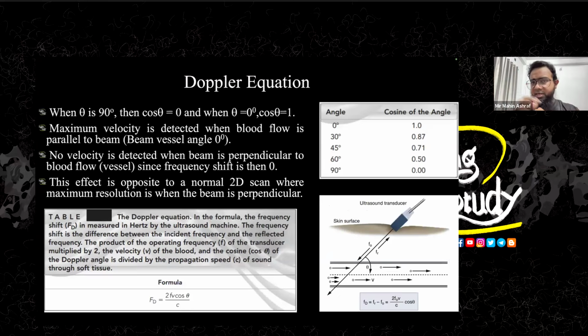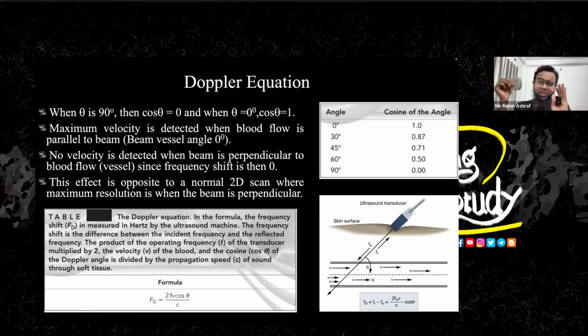So there is a cos theta. We know that if theta is 0, the cos has the highest value, and if it is 90, the cos will be 0. So if the blood vessel is parallel to your sound beam, making a 0-degree angle, the result will be the best.